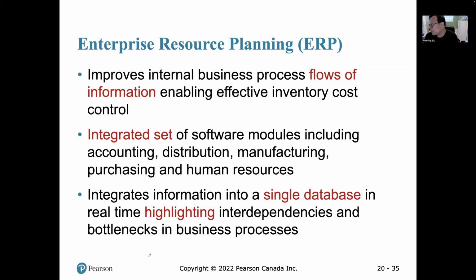Maybe the distribution team is just waiting for the items to be made. Or maybe there's a backlog on the distribution; the distribution department just couldn't deliver. They didn't do a good job. So the warehouse is full, and production has to be stopped because there's no place to put new things, right?